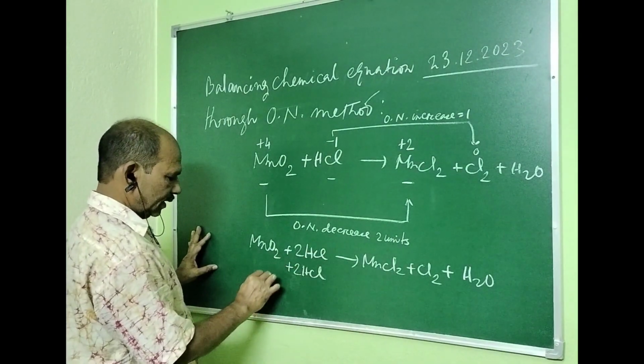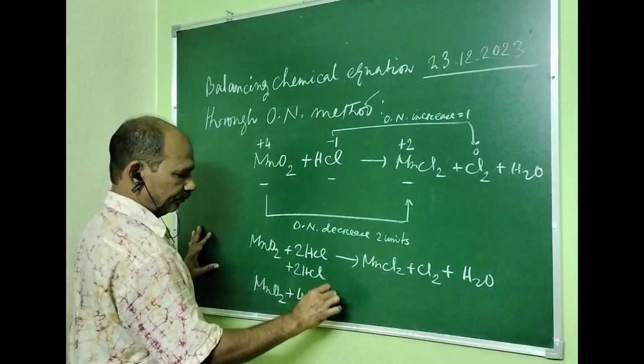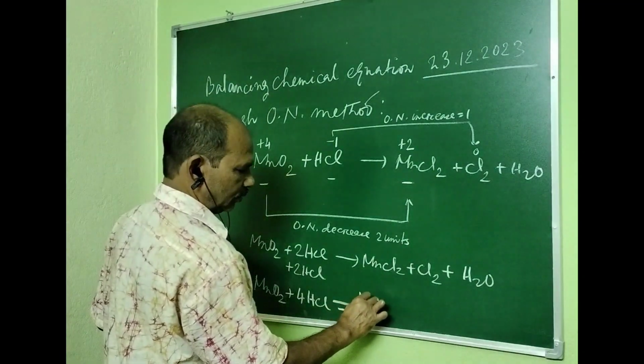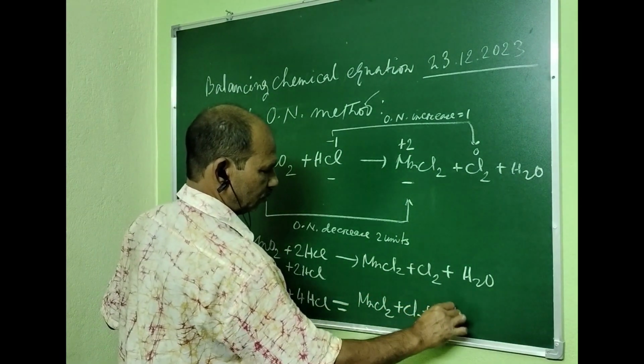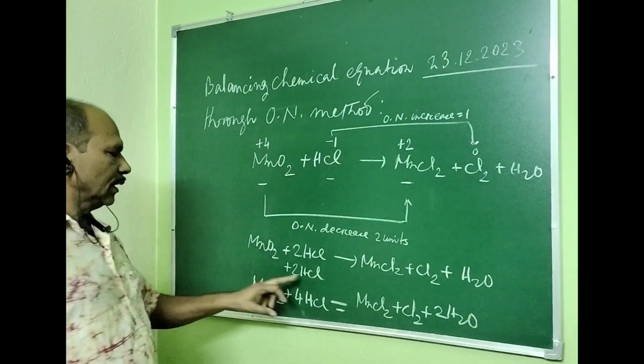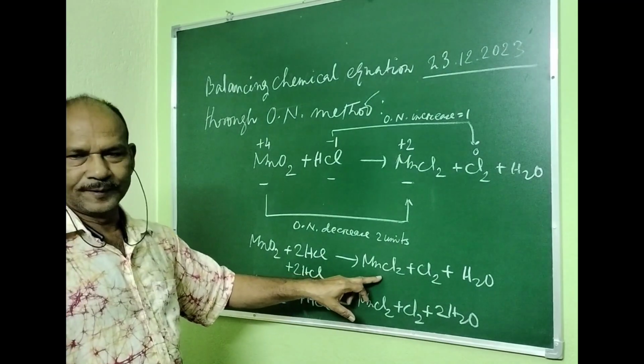So the balanced equation is MnO2 plus 4HCl gives MnCl2 plus Cl2 plus 2H2O. These HCl are required for salt forming.